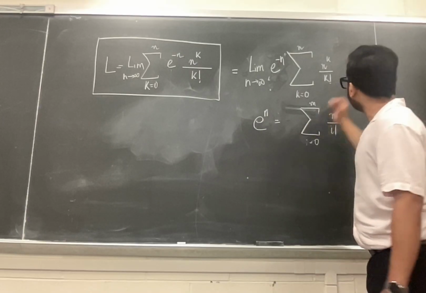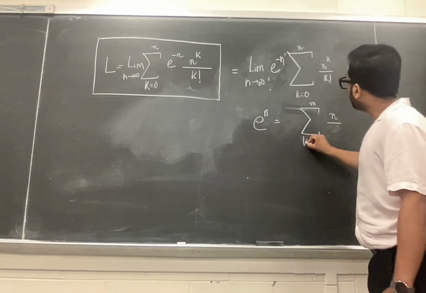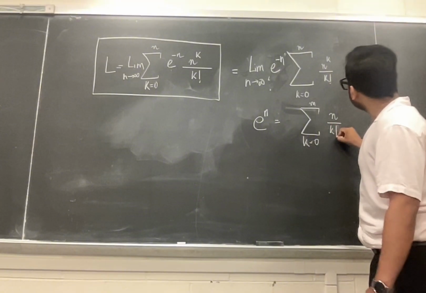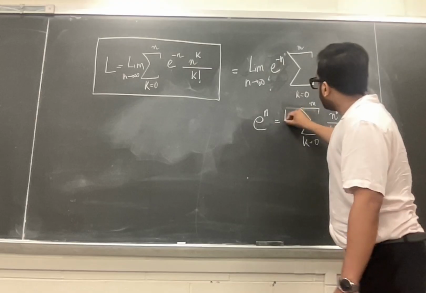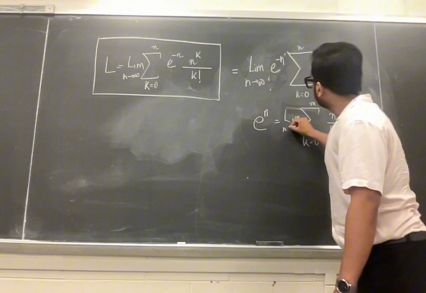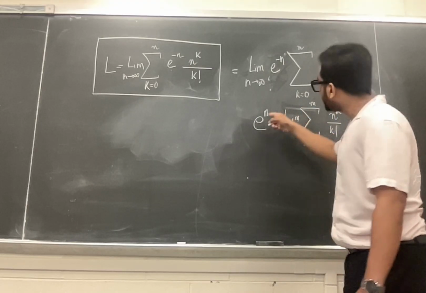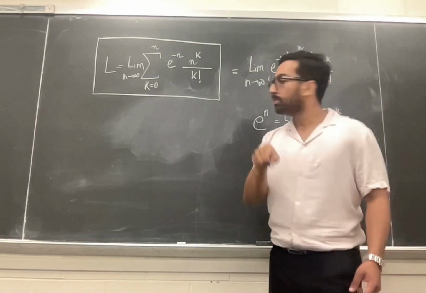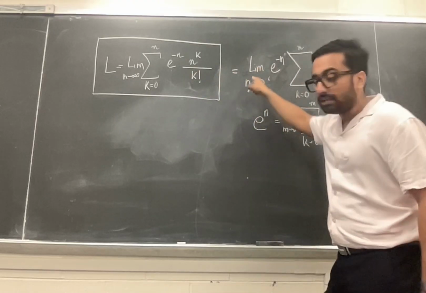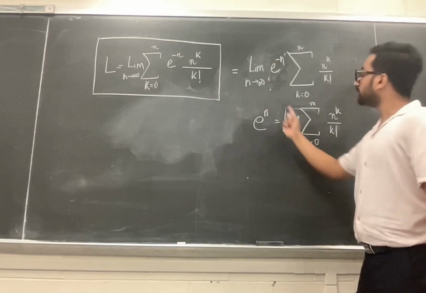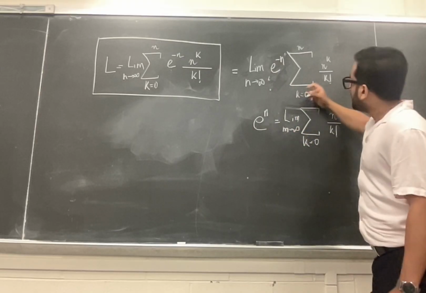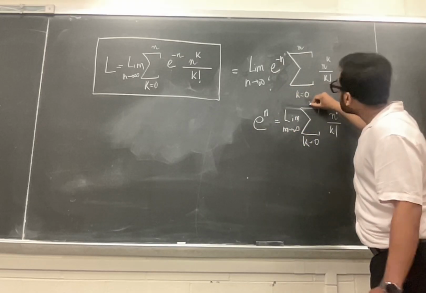But you can also use k here, not a problem. k from 0 to m, n to the power k by k factorial, and then limit m tends to infinity. So observe here, n is a constant. Here there's a limit on n, but here n is a constant. So we need to use a different variable. It's not n here, it's m here.